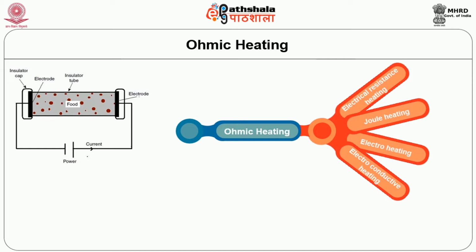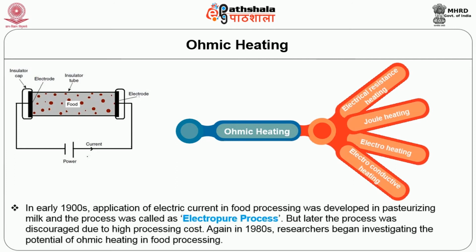Ohmic heating is different from other electrical heating methods. In earlier days, application of electric current in food processing was developed for pasteurizing milk and the process was called the electropure process. But later, the process was discouraged due to high processing cost. Again in the 1980s, researchers began investigating the potential of ohmic heating in food processing.